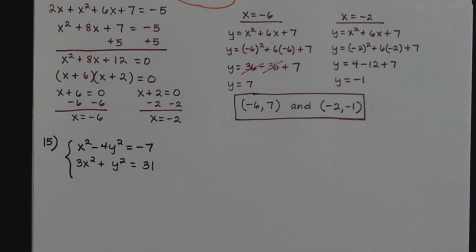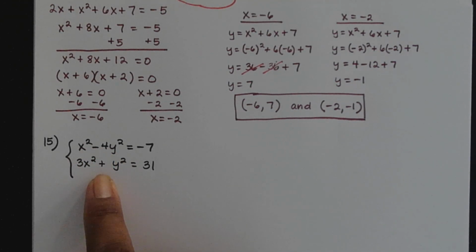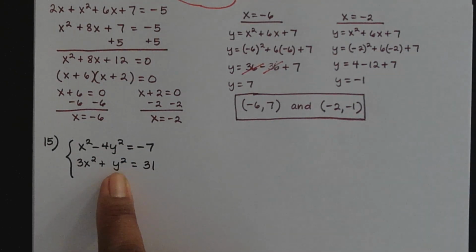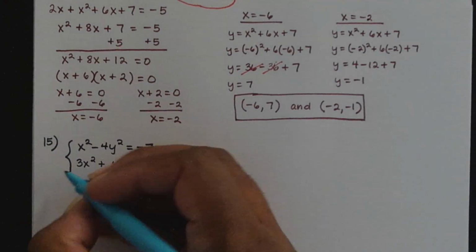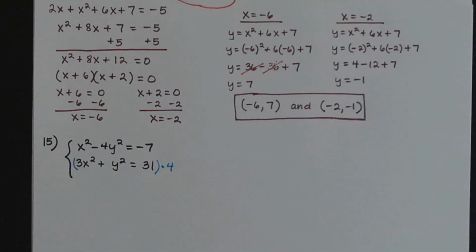Now which variable do you want to eliminate, x squared or y squared? Let's use the y squared. I say that because notice I have a minus sign and a plus sign here. And I got 4y squared, so if I want that plus y squared to be 4y squared, I need to multiply it by what? By 4.